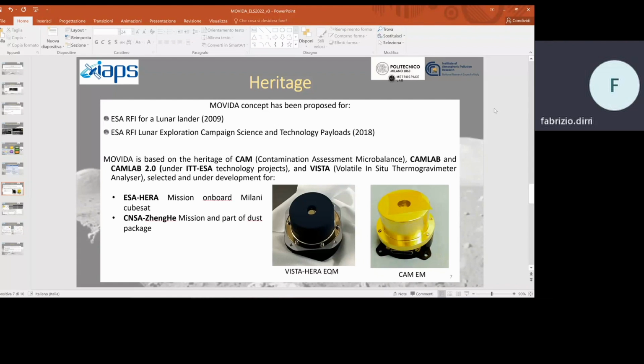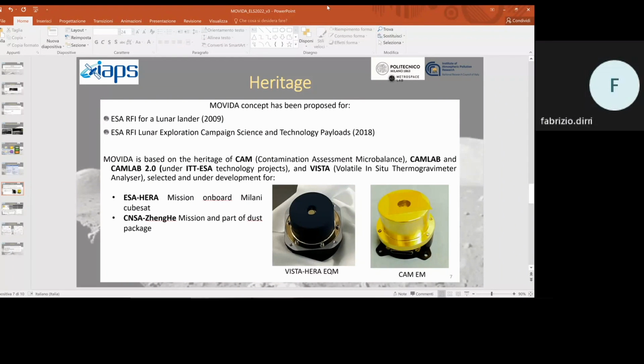What they proposed was a call for instruments from other countries, and in particular, we were selected for the dust package that is in the mission. One of these sensors that you can see here was selected, with another one that is still under development. But mainly this kind of sensor is part of their dust package.